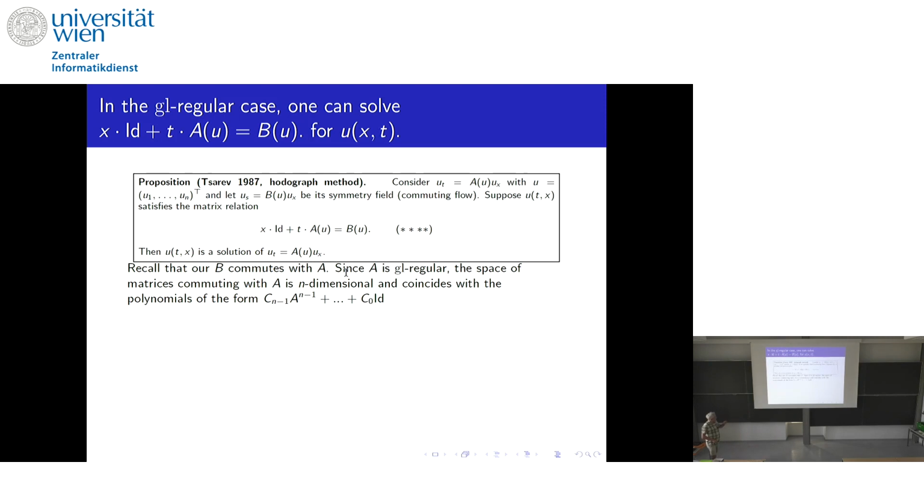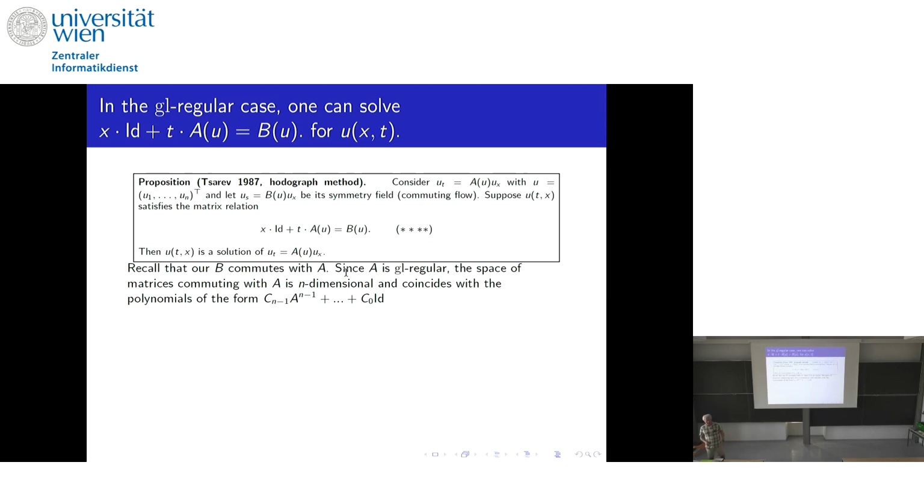And now remember, one of the conditions in the definition of symmetry was that B commutes as a matrix with A. Since A is Jordan regular, we assume that it is, the space of matrices commuting with A is n-dimensional and coincides with the space of polynomials of degree n-1 of the matrix A. So c is an arbitrary coefficient.